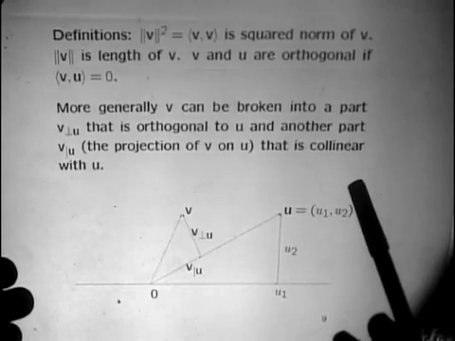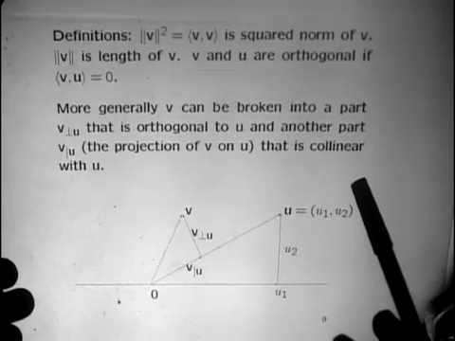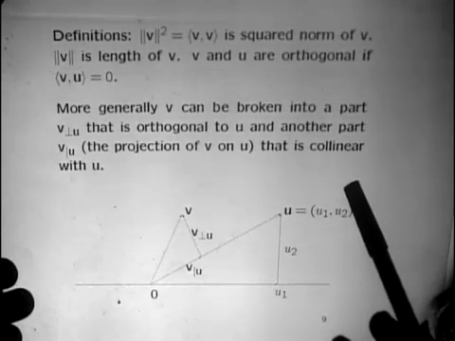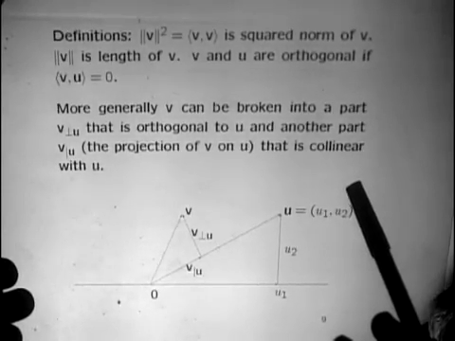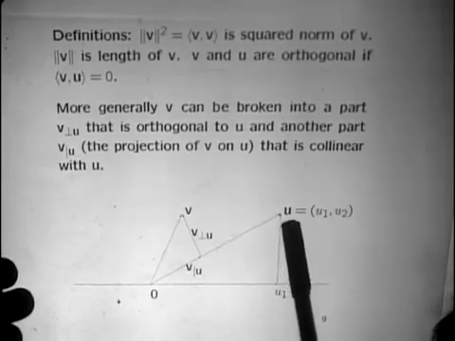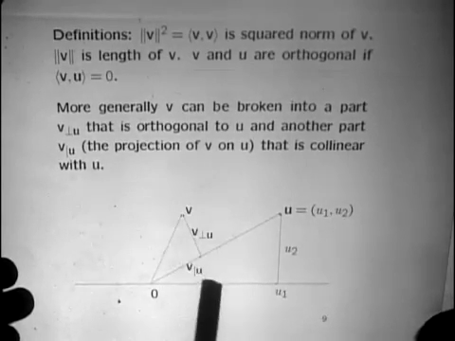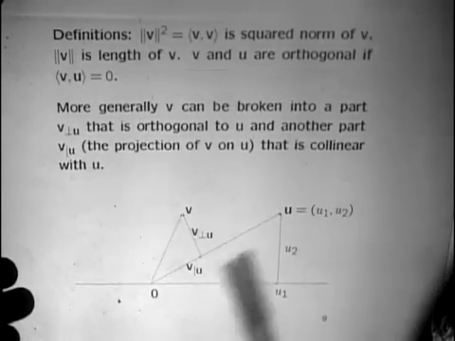In other words, it's collinear with u. I'm drawing the picture here for real spaces, but when I say collinear, when I'm dealing with complex spaces, I mean it's u times some scalar, which could be complex. Okay, so it's somewhere on this line, and the other part is perpendicular to this line.